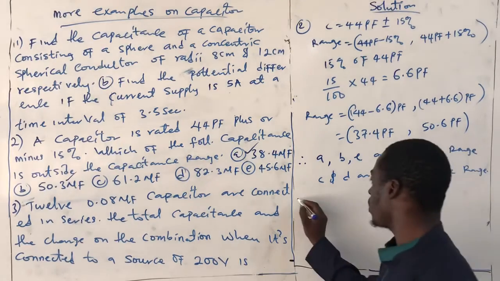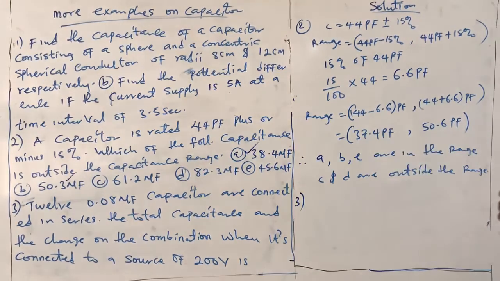Now let's look at question number 3. Question number 3 says that 12 0.08 microfarad capacitors are connected in series. Find the total capacitance and the charge on the combination when it is connected to a source of 200 volts.